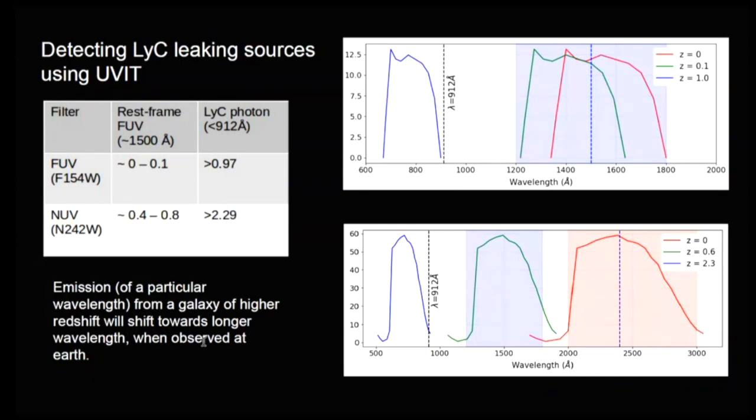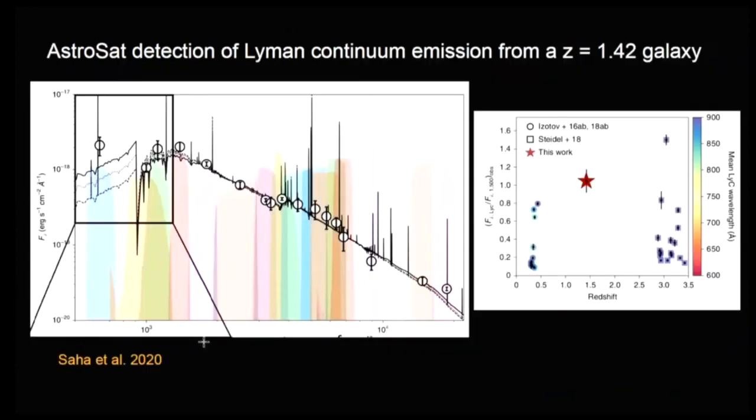There are some preliminary results, but I'll not be talking about them because some other studies at the lower redshift range are also coming to completion. This was triggered by the discovery in 2020, where we first detected a z=1.42 galaxy as a Lyman continuum leaking galaxy, which was the starting point.